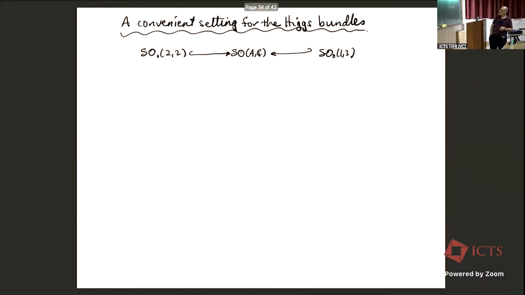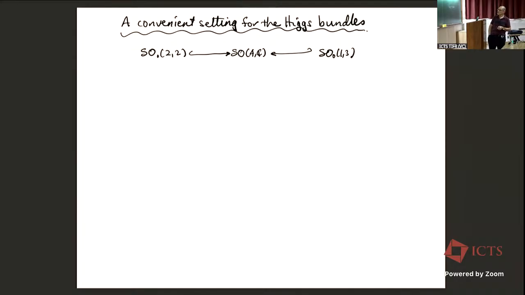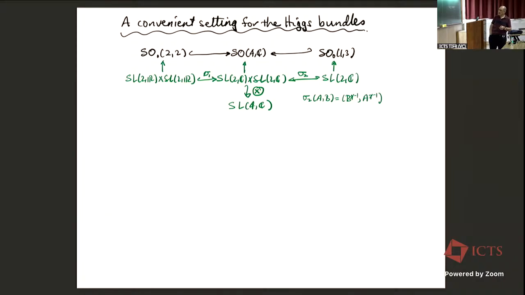The setting where we can look for the Higgs bundle version of this transition is where both of these groups are real forms of SO4C. So that's an obvious setting. From the Higgs bundle perspective, it's sometimes more convenient to look at the double covers of these groups. Here it's SL2R cross SL2R.